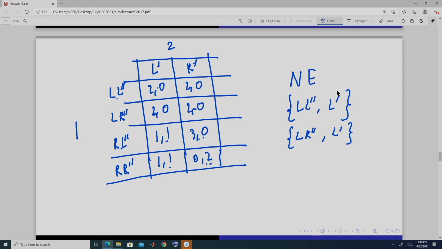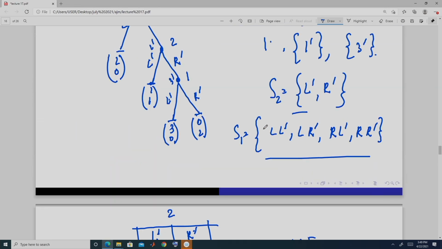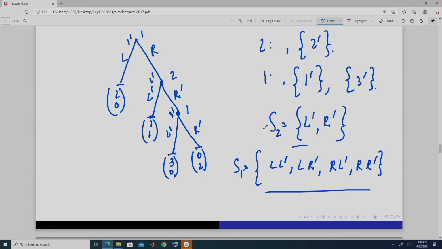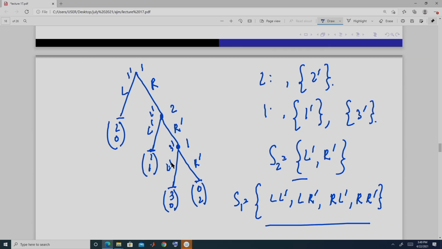So, these are the two pure strategy Nash equilibria. Out of this, we have to find the subgame perfect one. So, okay, sorry, this is double dash, otherwise it will be confusing, right. Make it double dash.